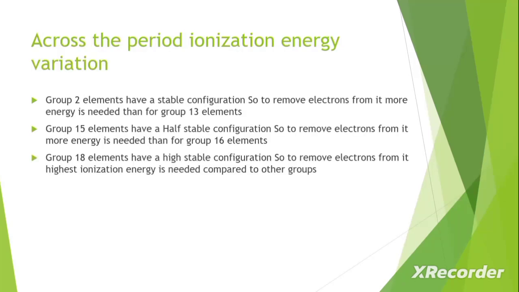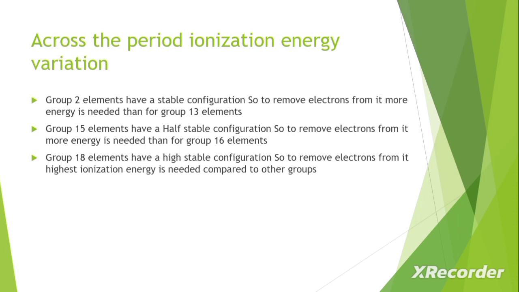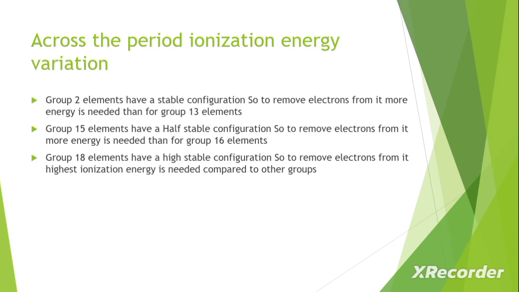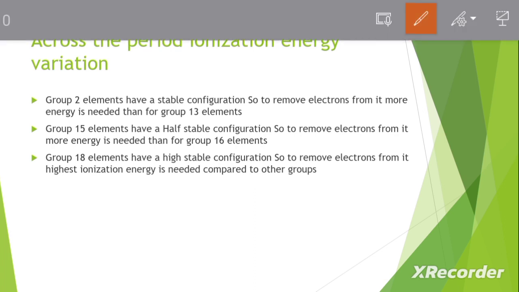We are going to discuss the periodic trend of ionization energy. Across the period, there is a variation of ionization energy, and we are going to compare and see what kind of variation is there, right? So first of all, I am going to write common configurations of elements in the groups, only considering S and P blocks, right?